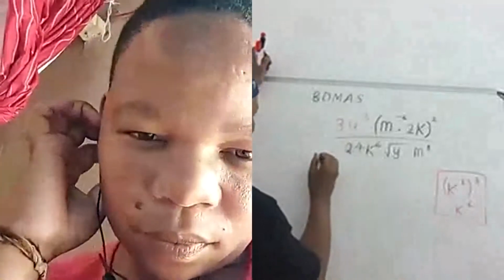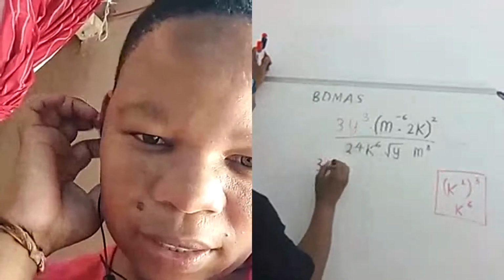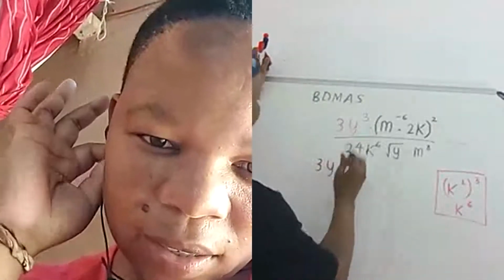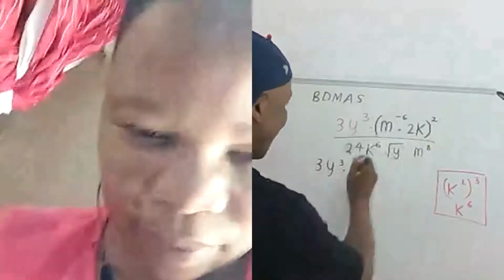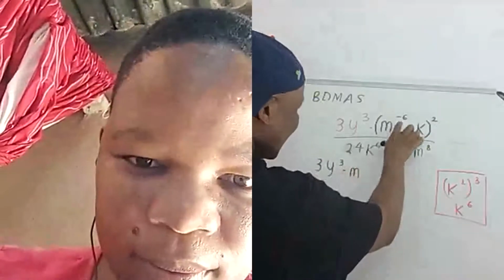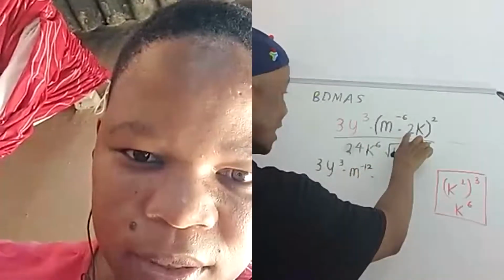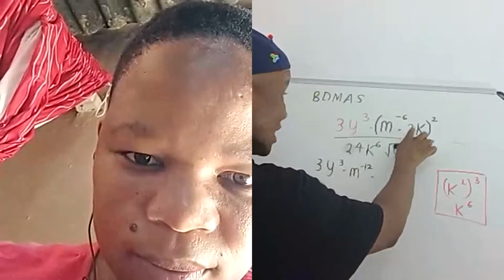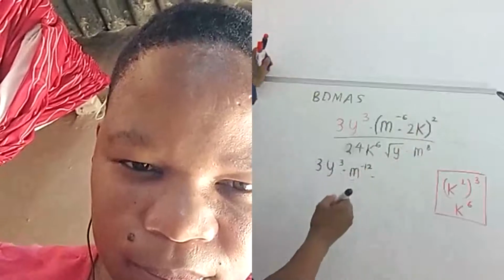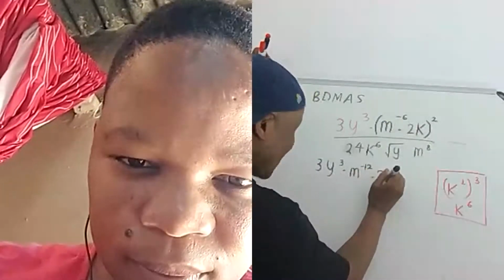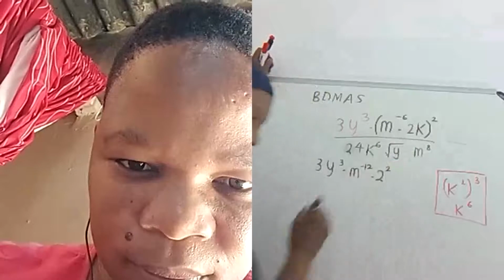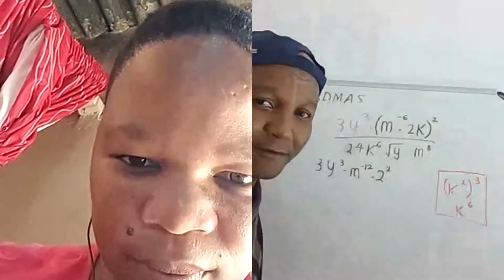Now we go. We say 3y power 3, and then multiply m: negative 6 times 2 is negative 12. Remember, these two are also affected, so it's 2 power 2 for each one.